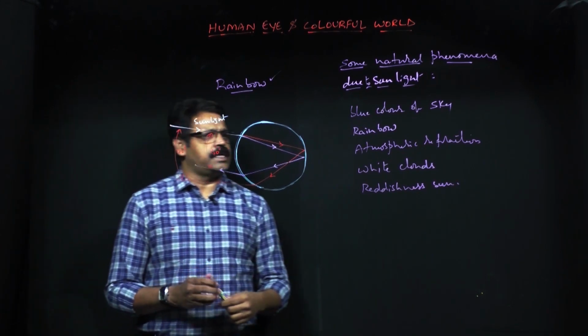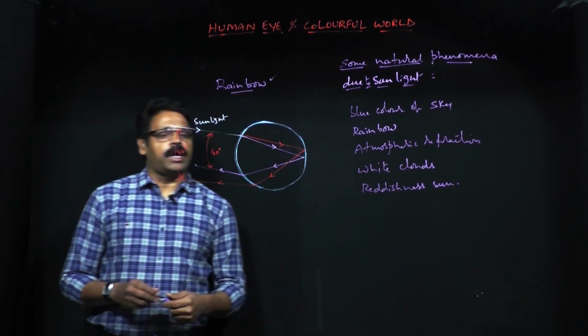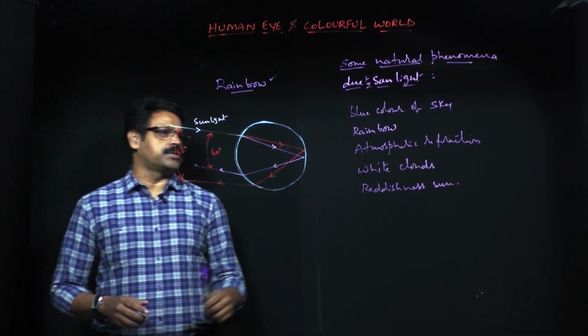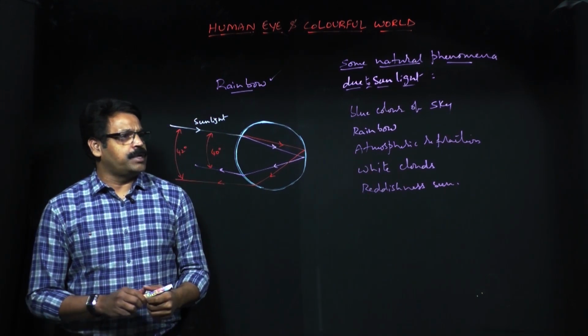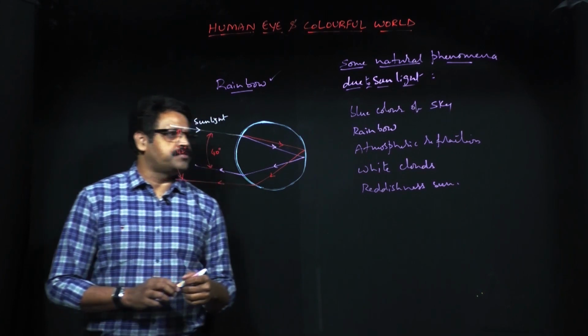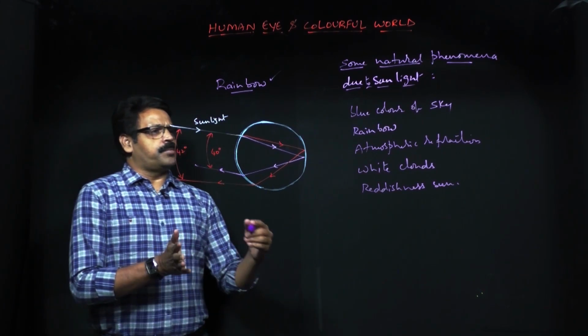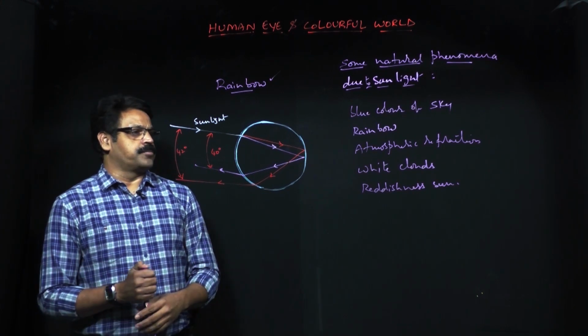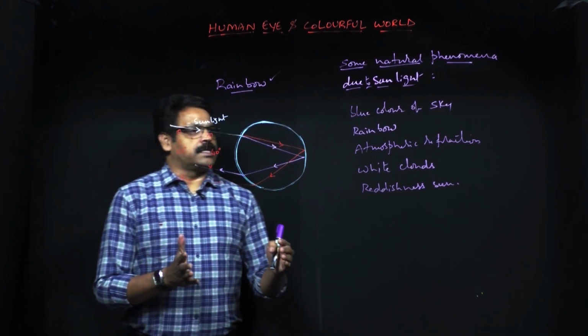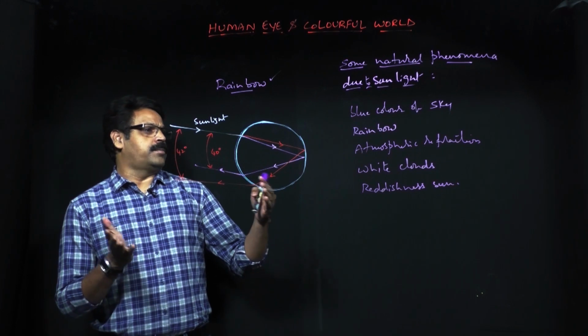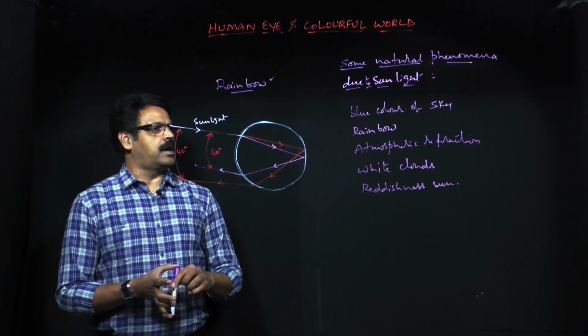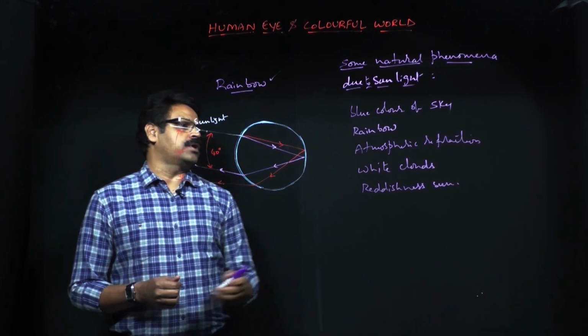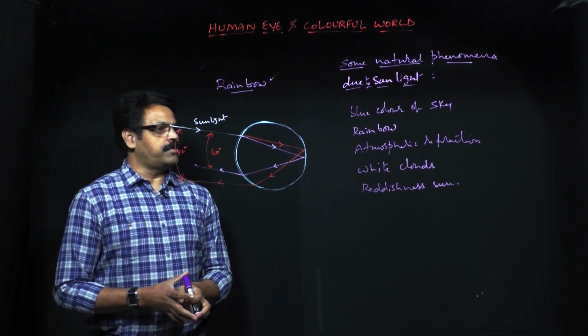The other thing you can see is scattering of light. Why the sky appears blue is because of scattering. That means whenever light falls on the atmospheric particles, depending upon the size of the atmospheric particles, it will be scattered. Most of the light scattered by the molecules of the atmosphere is blue light, which has the shorter wavelength.